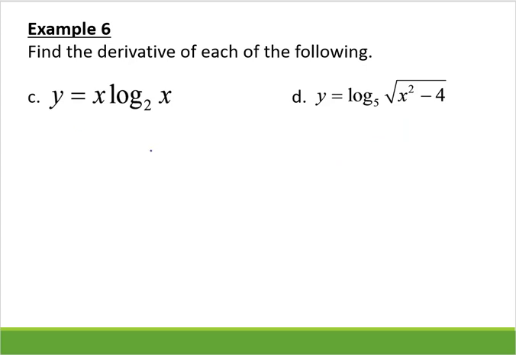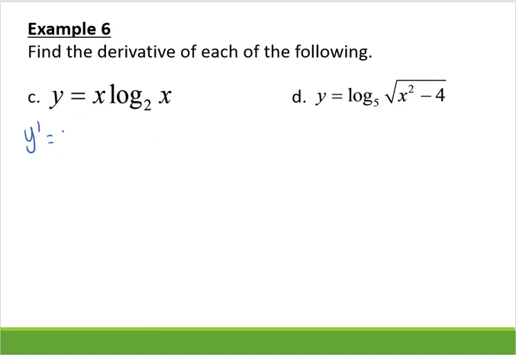For this one, this is a product rule. So y prime. Sometimes I do the product rule a little differently, meaning I take the derivative of the first, leave the second alone, plus leave the first alone, derivative of the second. It doesn't matter which order you do it in.